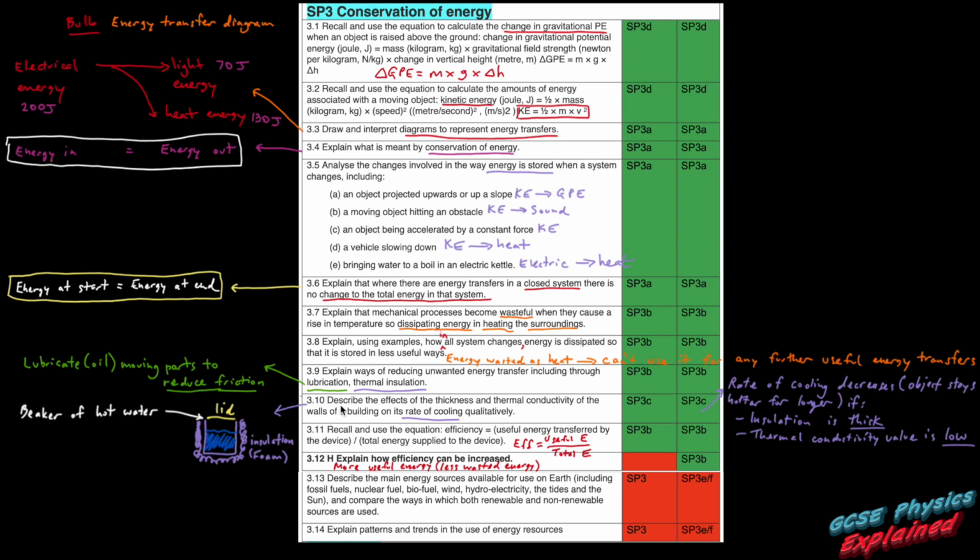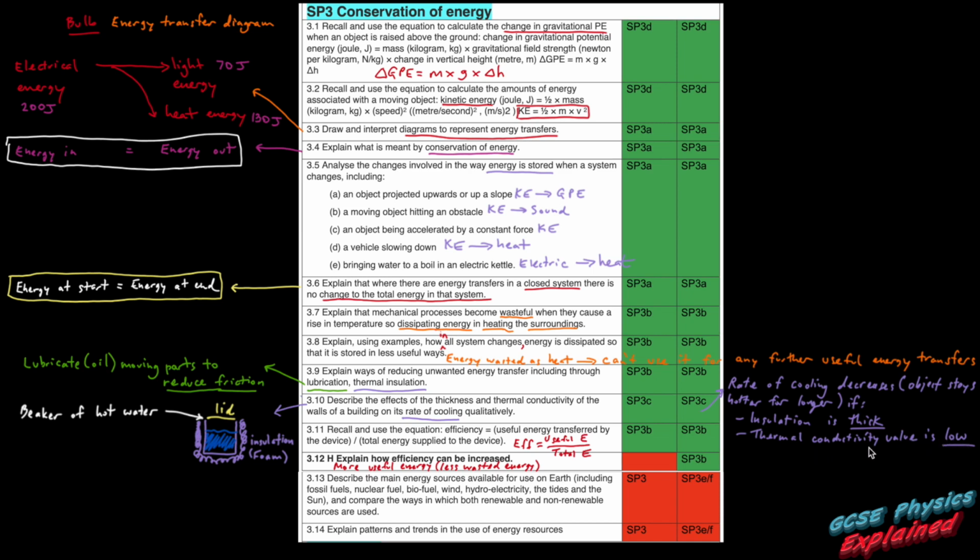And that ties in with describe the effects of the thickness and thermal conductivity of the walls of a building on its rate of cooling. So if we look over here, the rate of cooling decreases, so the object stays hotter for longer if the insulation is thick and if the thermal conductivity value is low.